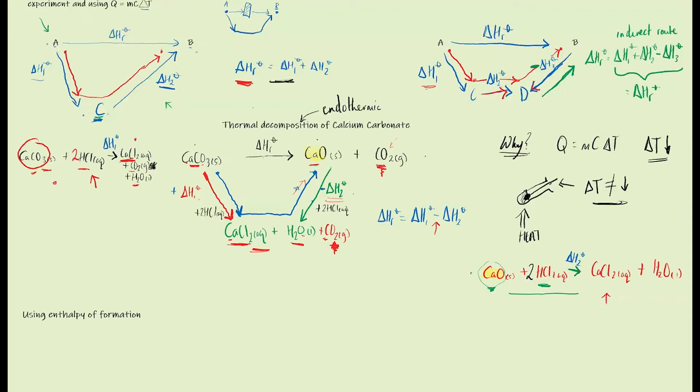Now, this is quite a tough example. It's kind of been thrown in the deep end here, but it is a common one that can come up, and it doesn't involve either formation enthalpies or combustion enthalpies, but it illustrates the fact that Hess cycles can be used to determine enthalpy changes, which are difficult to determine directly via experiment, via other reactions that we can measure the temperature change of.